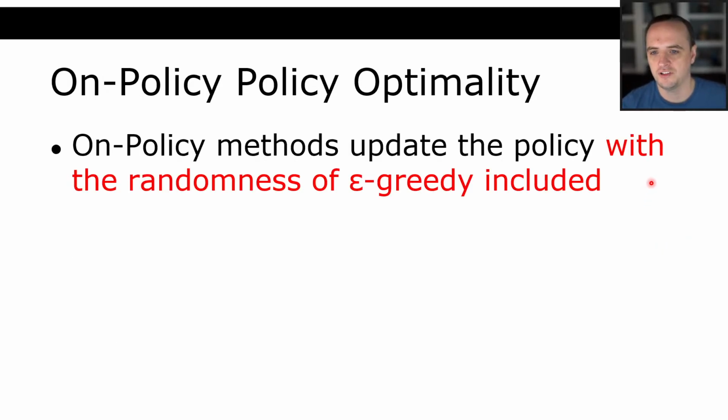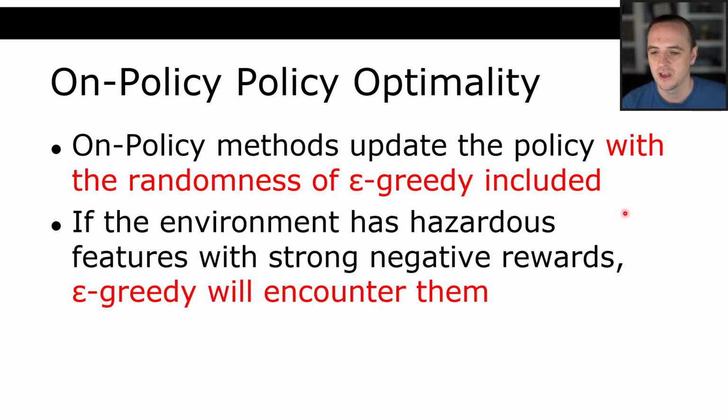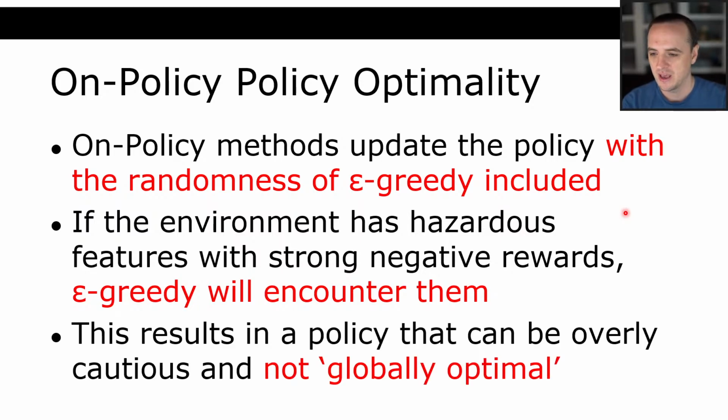So on-policy methods update the policy with the randomness of the epsilon greedy included. If the environment has hazardous features with strong negative rewards, then epsilon greedy will encounter them. And this is going to result in a policy that can be overly cautious and not globally optimal, right? So just think about it.